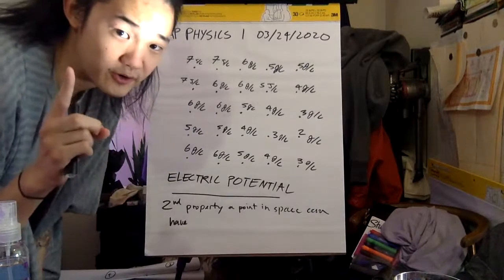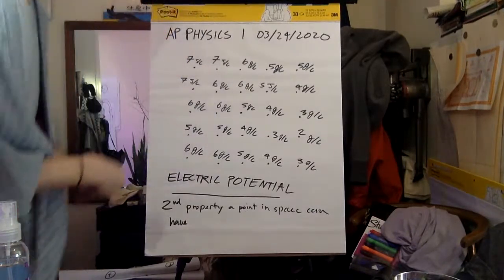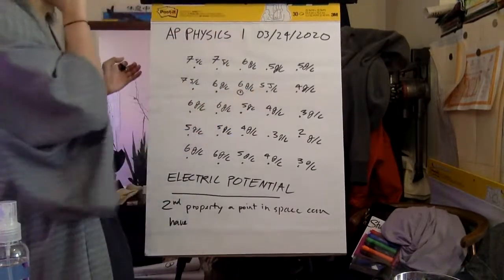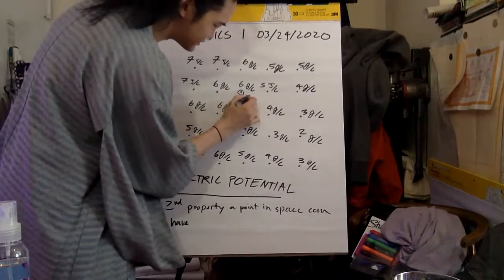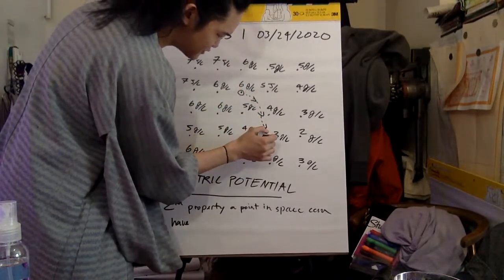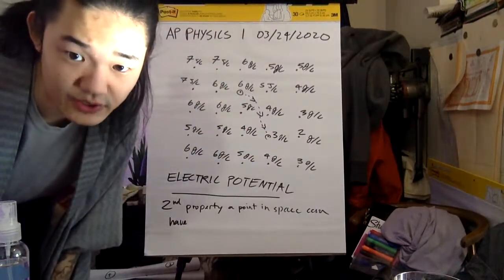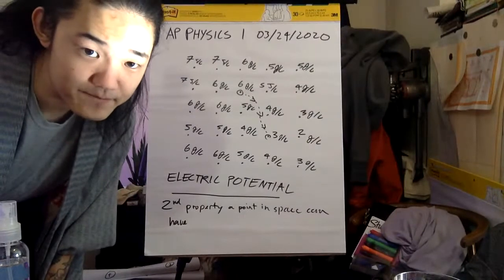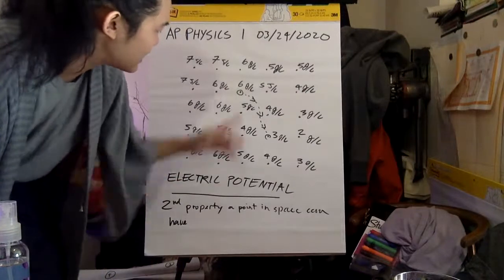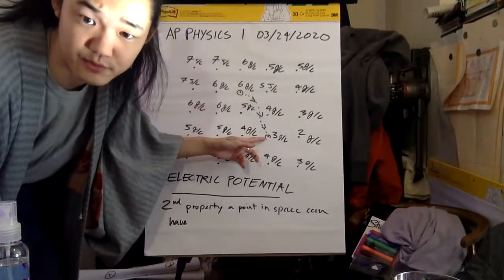What I really care about is change in electric potential. So if I have a particle and it starts here, and then it moves here, then its electric potential has changed, because the object itself has moved from an area of 6 joules per coulomb to an area that has 3 joules per coulomb.